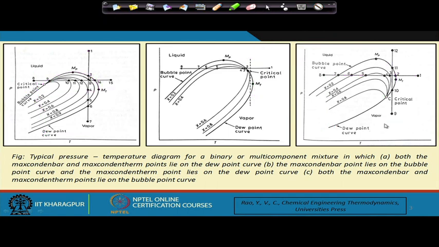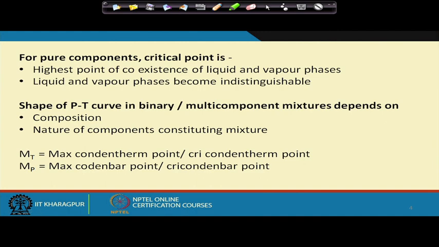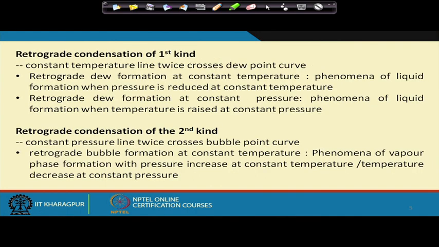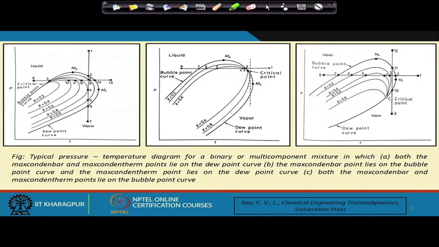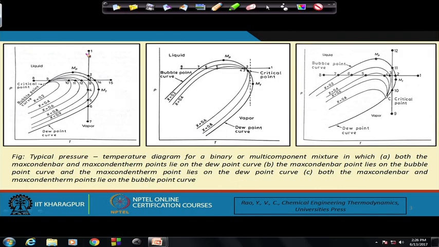Well, what was the need of discussing this entire thing? The need was because this phenomenon is of great importance in natural gas wells. Natural gas wells, as we know, are at a very high temperature and a very high pressure, and usually the conditions are at point 1.